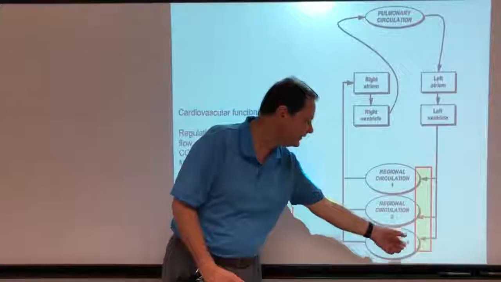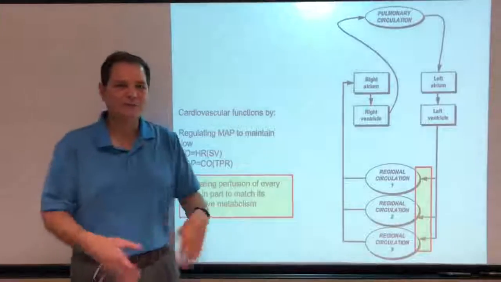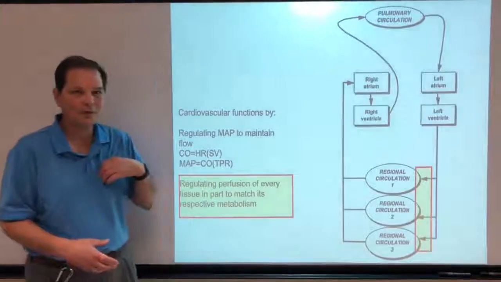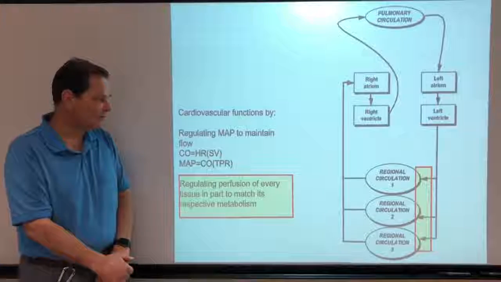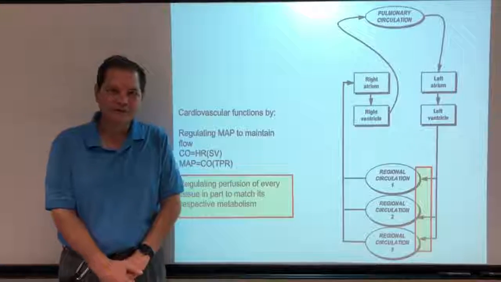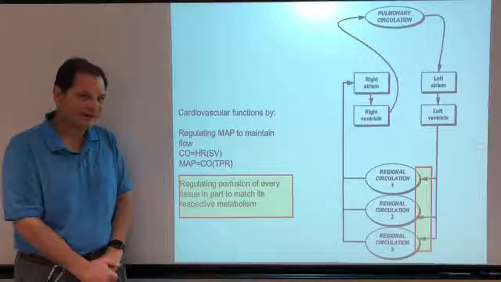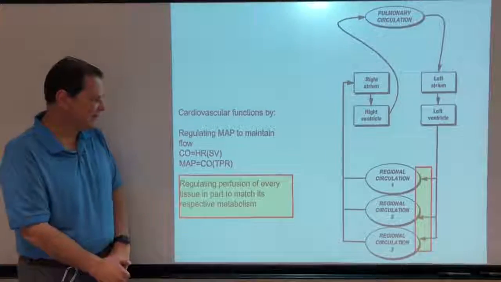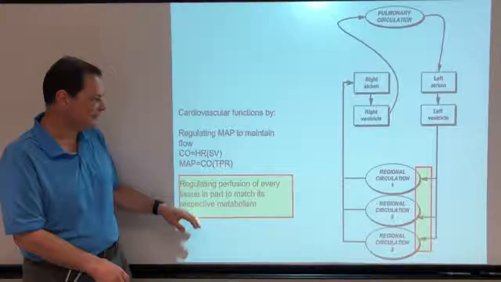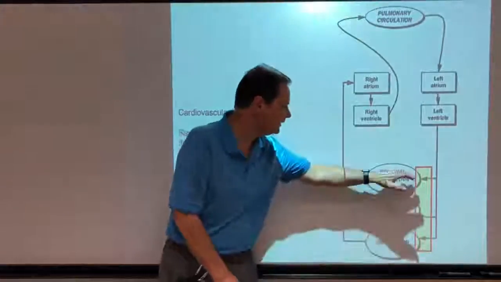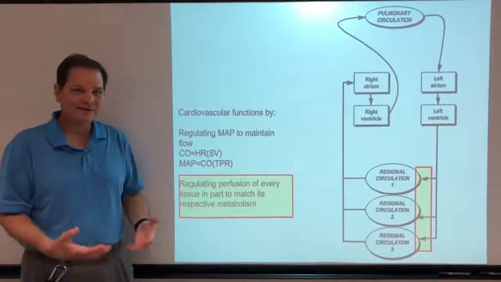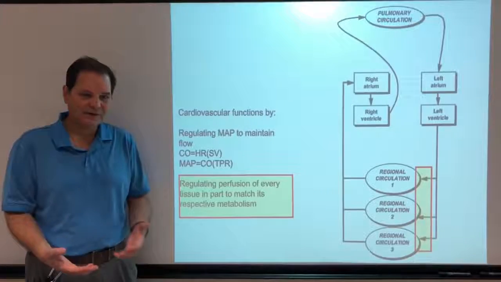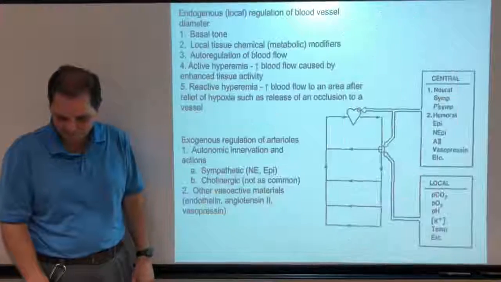So individually, these beds are regulated as well as being regulated as a whole by your baroreflex and by your reflex systems. We'll talk more about reflexes in the next lecture. For this lecture, we're going to talk a lot about how this regulation takes place locally to assure that blood flow takes place to get the beds that need oxygen and metabolites when they need it.